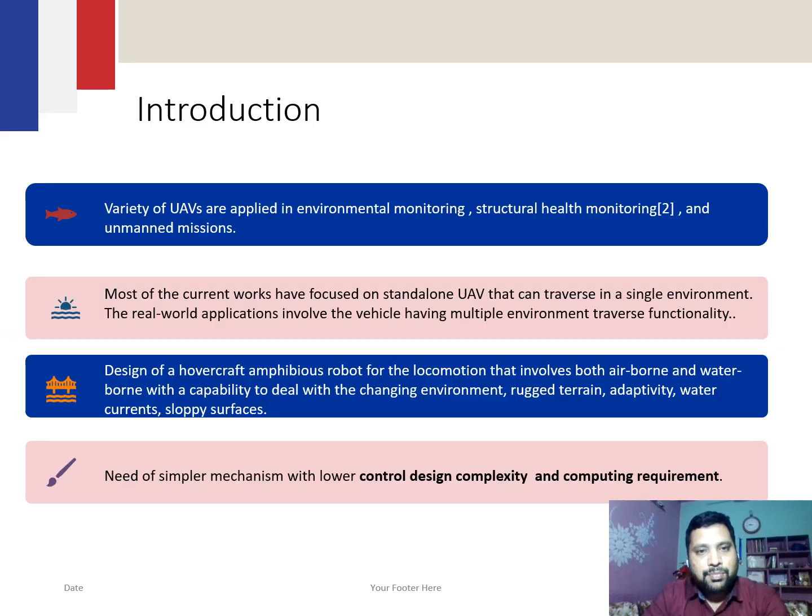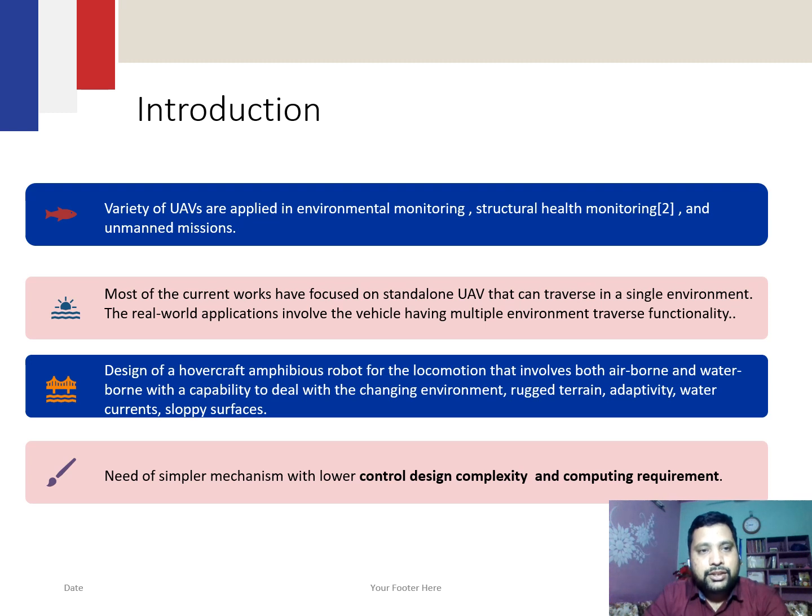Unmanned mission applications like environmental monitoring, structural health monitoring, missions that involve search and rescue operations, or areas which are prone to disaster are very complex in nature, as they involve more than one environment.